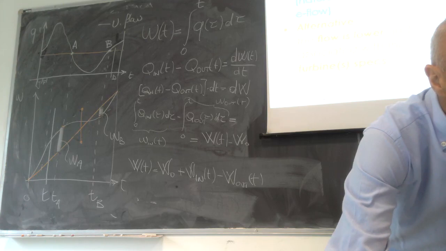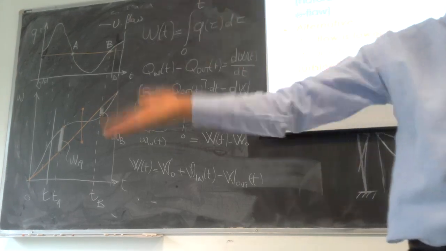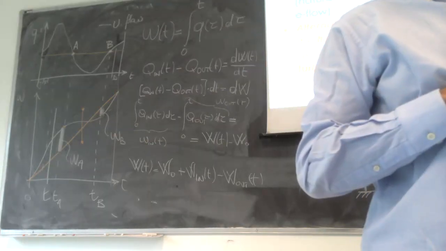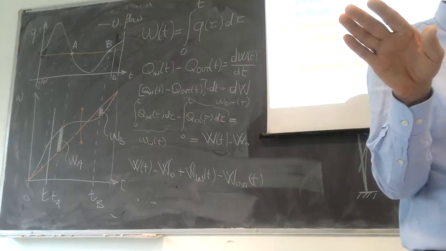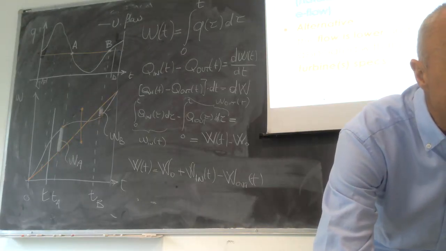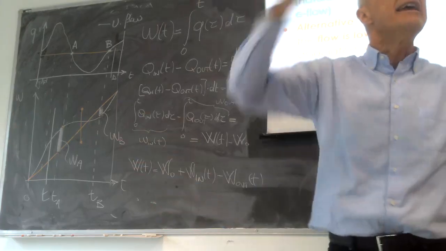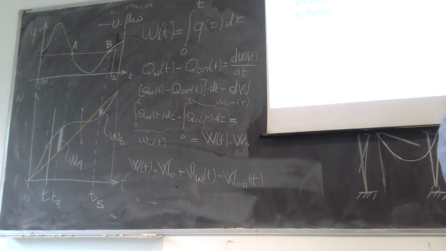So any moment before the point where I have my cursor, natural flow is higher than 1 cubic meters per second. We don't need to store anything, right? But then, between this time and this time, inflow is always lower than the turbine flow we want to have, right?